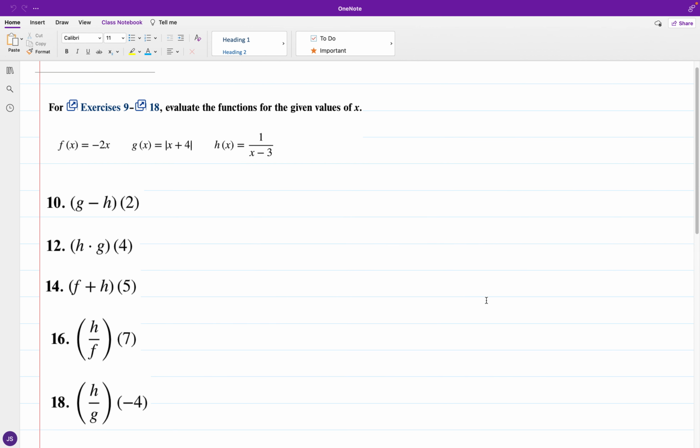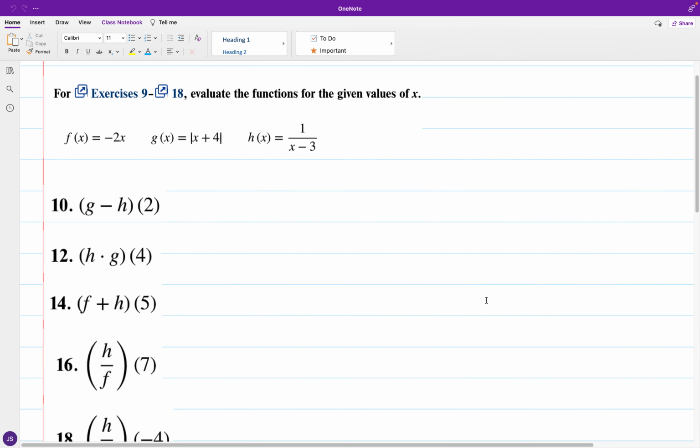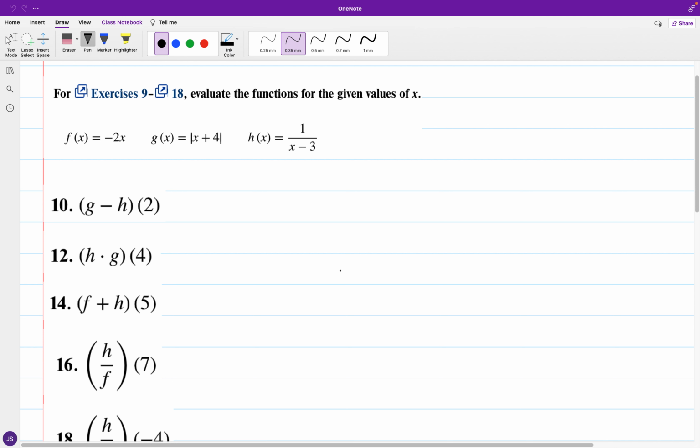From section 1.8, we have for this set of functions, f of x, g of x, and h of x, it says to evaluate. In the case of number 10, we have g minus h of 2. Just setting things up here, you can write this as the difference between g of 2 and h of 2.